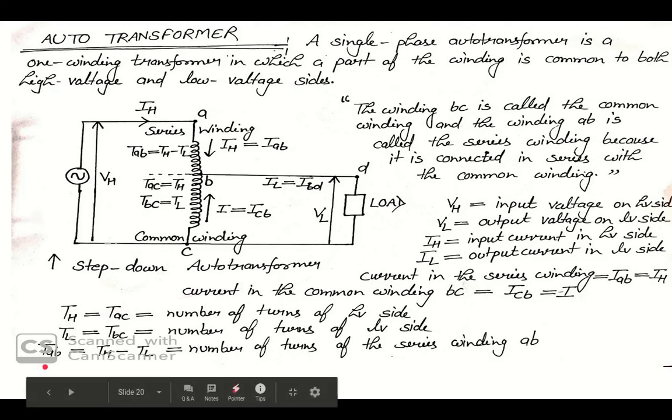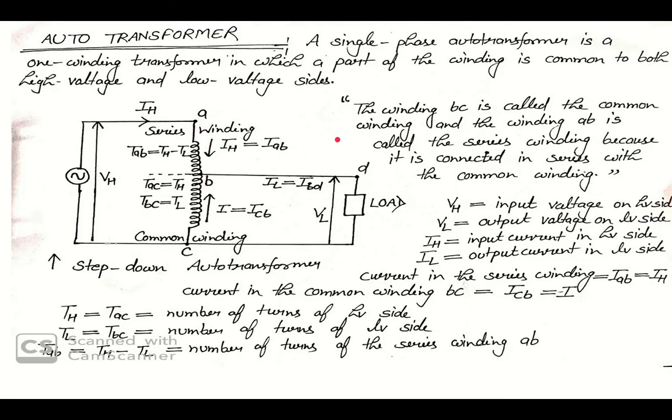Now TAB is equal to TH minus TL, the number of turns of the series winding AB.